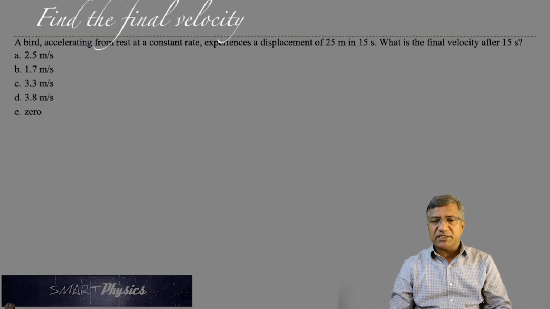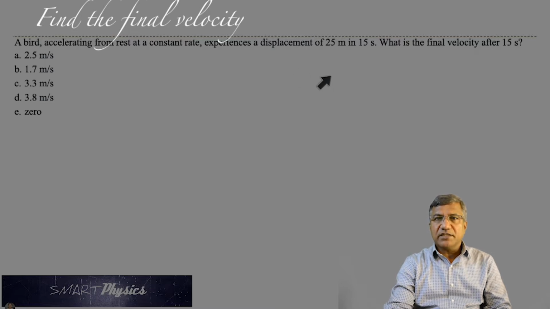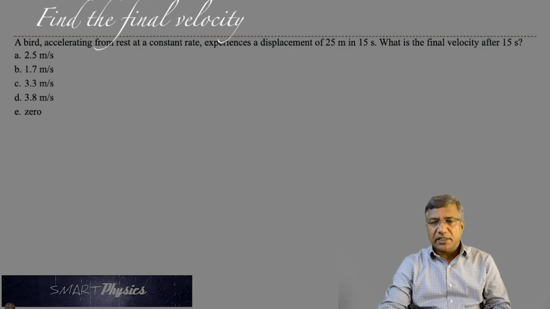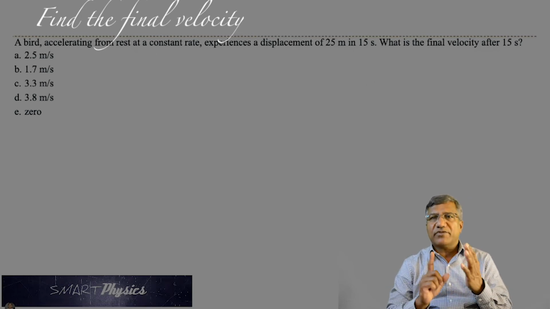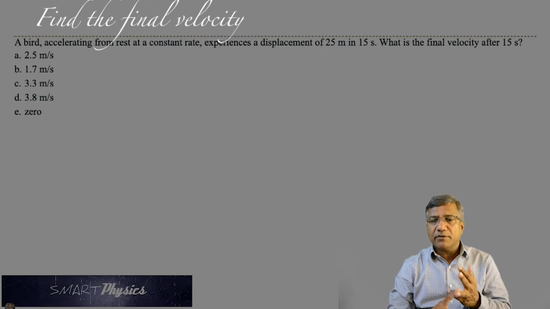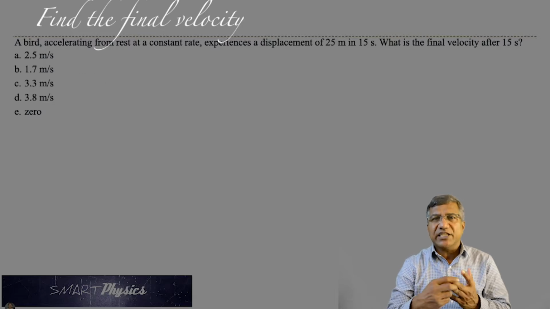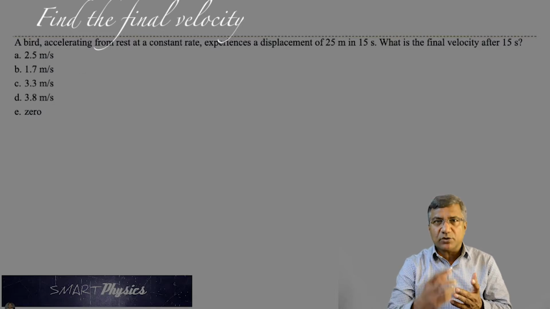It experiences a displacement of 25 meters. See, the unit is meters, and that's displacement, so that is delta x, in 15 seconds. So that's the time. So you have delta x, you have time, and it says it's starting from rest. So the initial velocity is 0, and you're asked to find the final velocity.